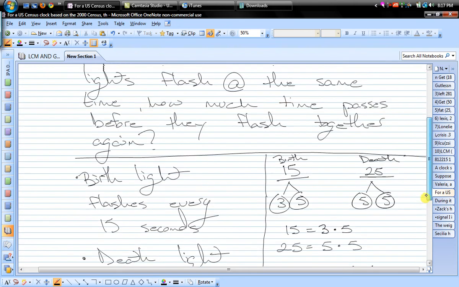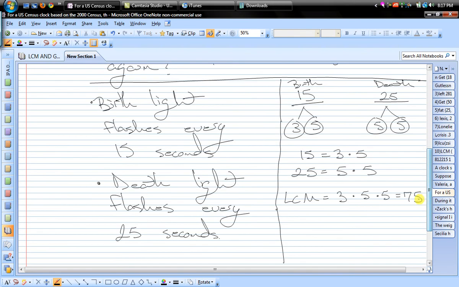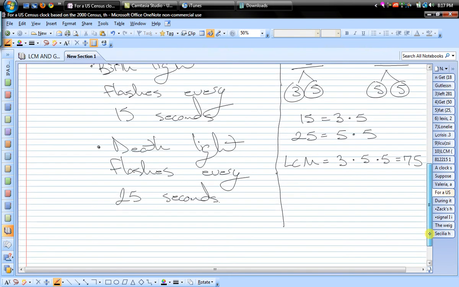So what that tells us is, if the birth and death lights flash at the same time, how much time would pass before they flash together again? Well, they would flash together again after 75 seconds. So let's go ahead and answer that.